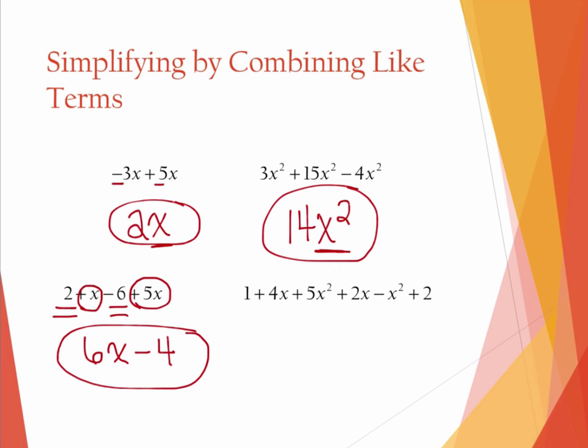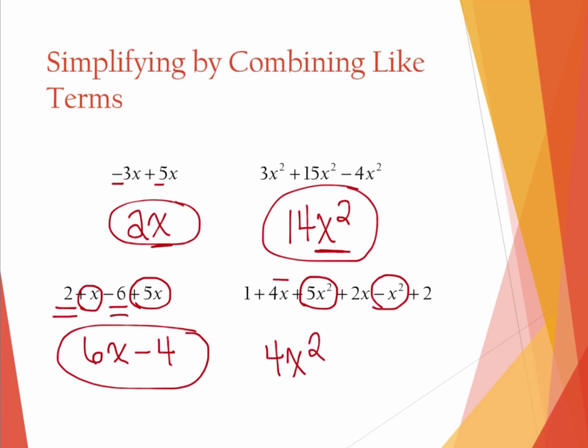Last example, I have 1 plus 4x plus 5x squared plus 2x minus x squared plus 2. Again, we're going to try to write it in descending order by the exponent. So I'm going to start with the x squared terms. 5x squared minus x squared is 4x squared.